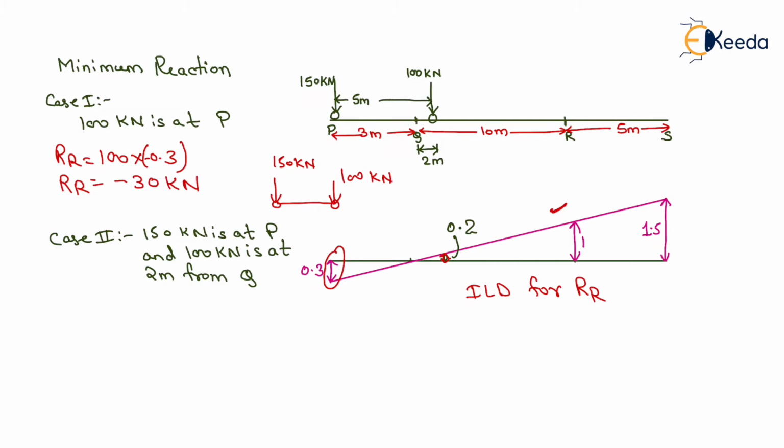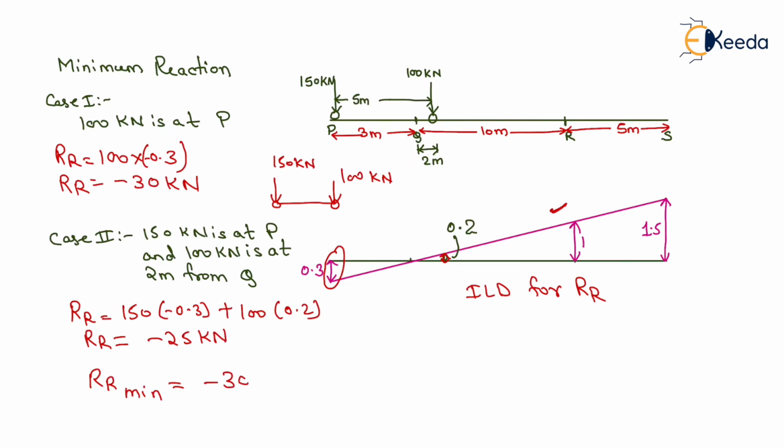Now for the reaction at R, we need to multiply the load with the ordinate, that is 150 into minus 0.3 plus 100 into plus 0.2 because of the positive ordinate. After multiplying this, we will get minus 25 kilonewton. Now from both these, the minimum reaction will be minus 30 kilonewton, when the 100 kilonewton load is at P.